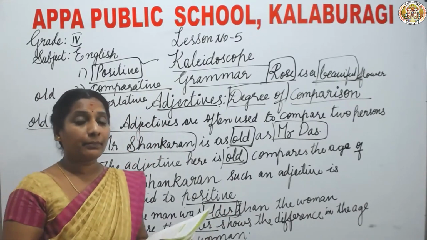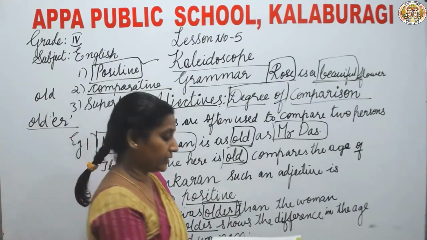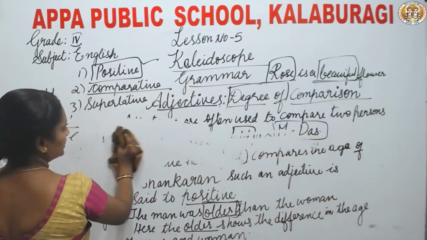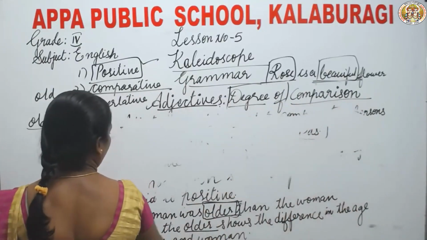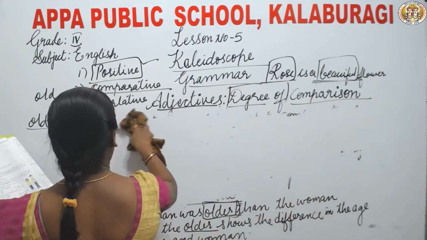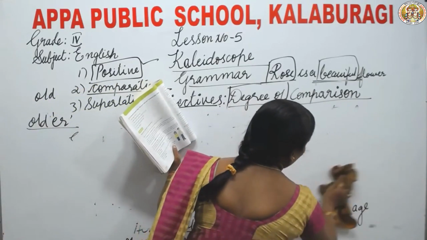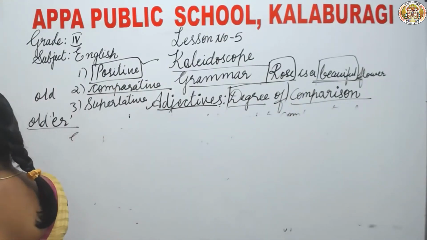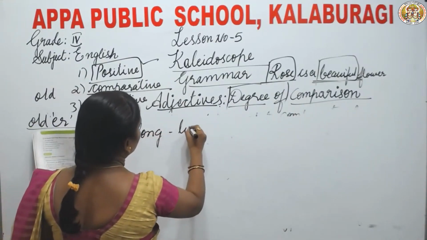Now you can see that examples are given here, like long, longer. I'll just put one or two examples on the board. With er it can be done, and with ier also it can be done. There will be only a little difference. Now see, long, longer.